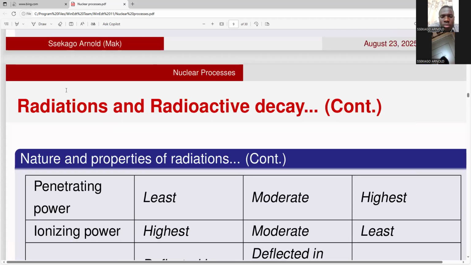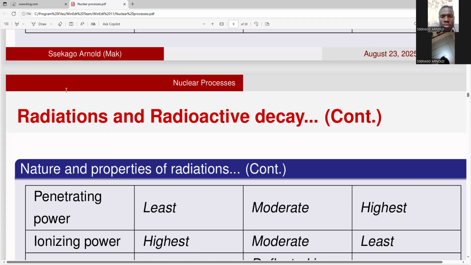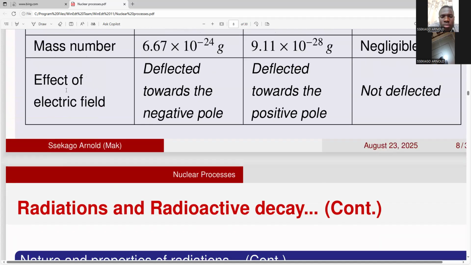So recall, to understand the penetrating power, we are going to use the weight. We have seen here that alpha particles are heavier. Their weight is high as compared to the weight of beta particles and the weight of gamma rays. In fact, gamma rays have negligible weight. They have no weight.